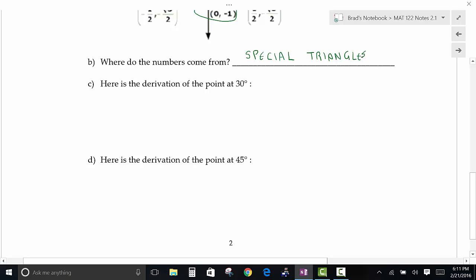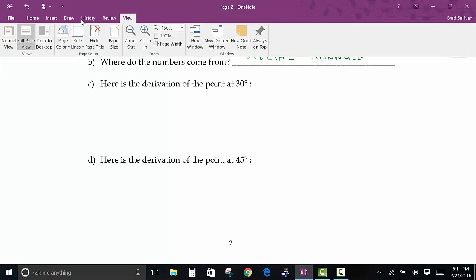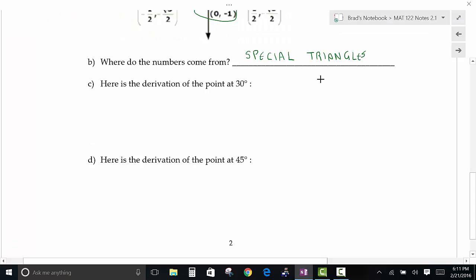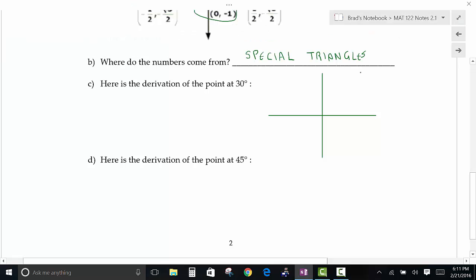Okay, so I'm going to do a derivation of a 30-degree angle, then a 45-degree angle. So let me draw a basic coordinate system to begin with, and then we'll use this to derive the 30-degree angle. All right, so let's say on the unit circle now, let's make a 30-degree angle.